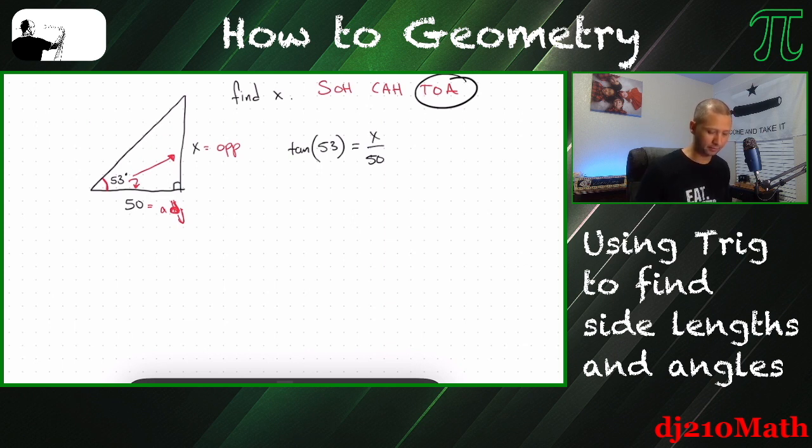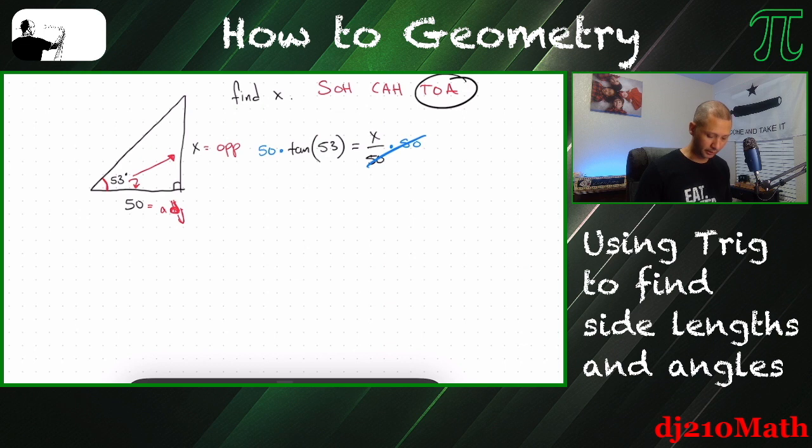If you think back to algebra, I can do anything I want to this equation so long as I do it to both sides. So what I'm going to do is multiply both sides by 50, because we're trying to isolate x and get x by itself.